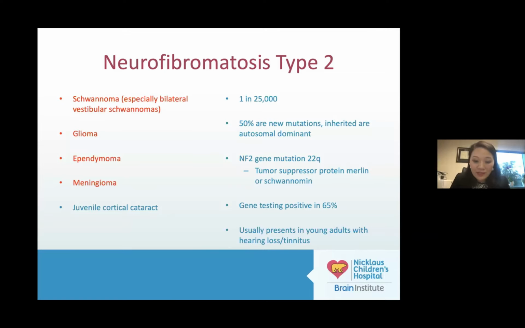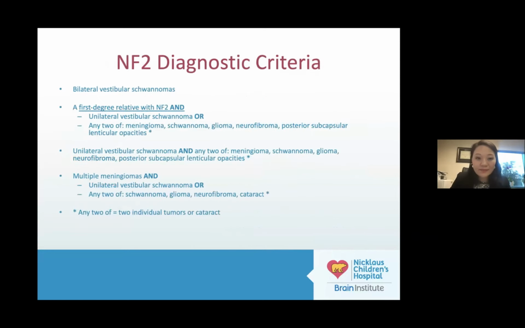Genetic testing is positive in about 65% of the population, and it usually presents in young adults with hearing loss or tinnitus from bilateral vestibular schwannomas. So its hallmarks are schwannomas, especially bilateral vestibular schwannomas, gliomas, ependymomas, meningiomas, and then juvenile cortical cataract.